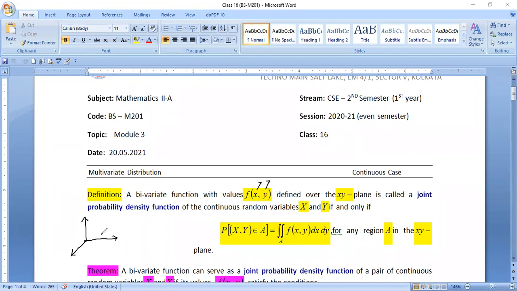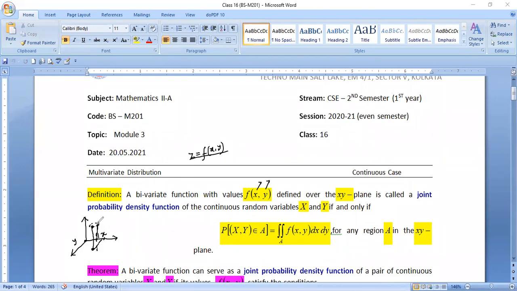If this is my x-axis and this is my y-axis, then I move x units on this line and then parallel to y, y units on this line, and then I come to this particular point, and there you can assign a value, which is the z value. You can treat f(x,y) to be your z, isn't it? So this is the z, and in this manner you can put several values over here.